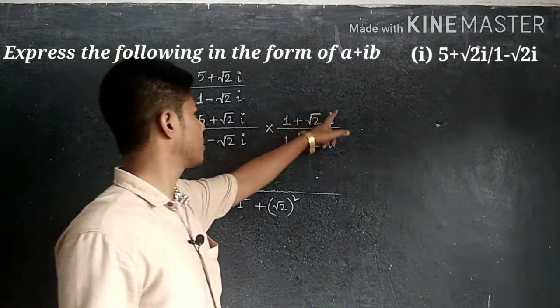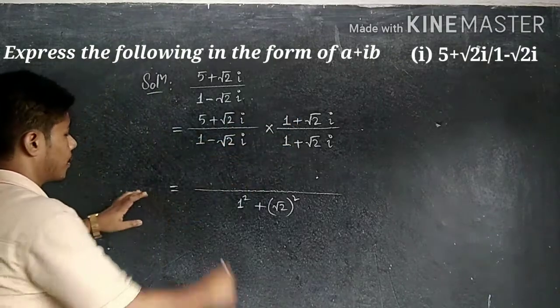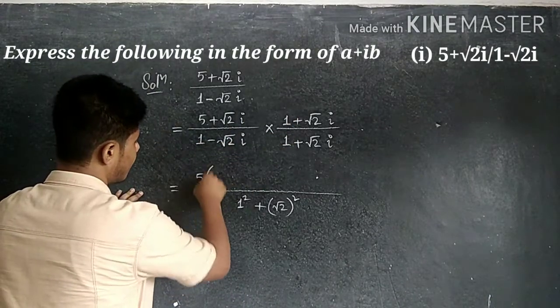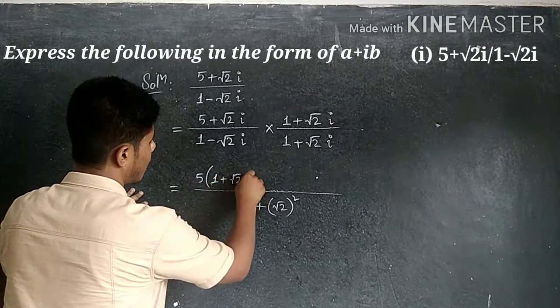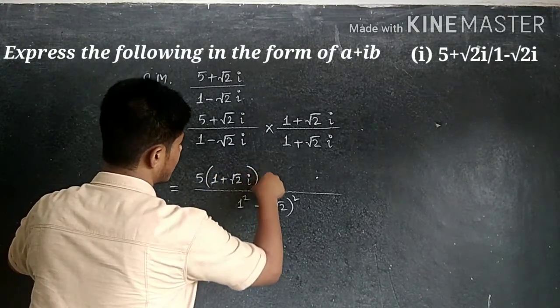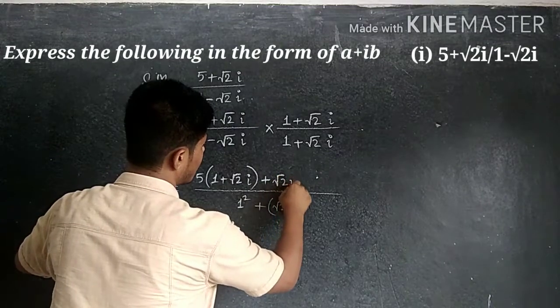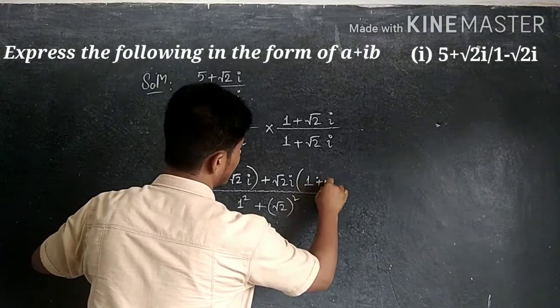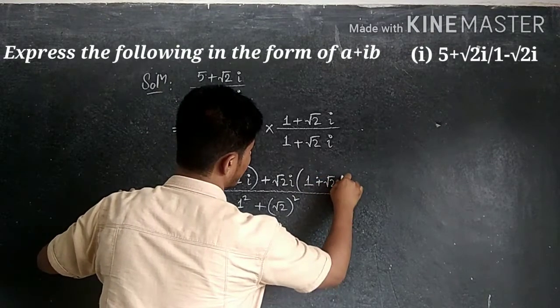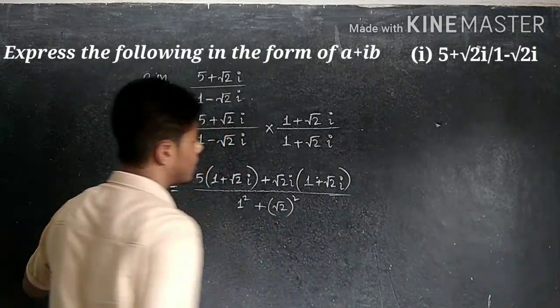Now in the numerator, we have to multiply. 5, we have to multiply this whole part, and then secondly we have to multiply this. So we can directly write here 5 into 1 plus root 2i, plus the second one is root 2i into 1 plus root 2i. Is it clear?